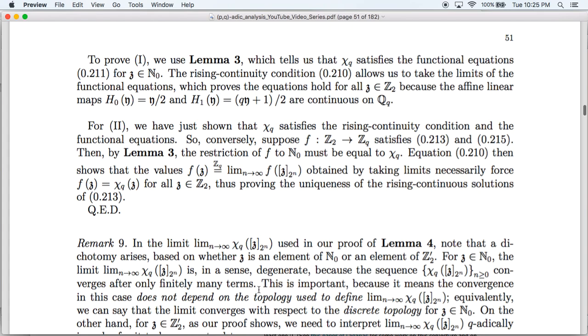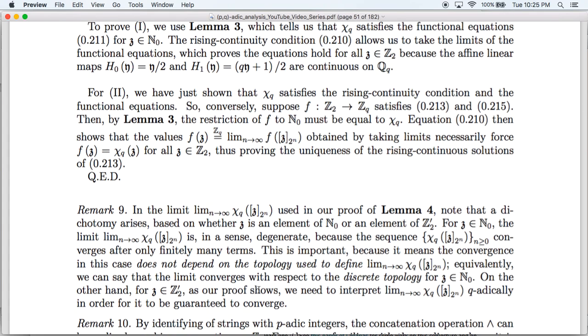And we are done. Note that when we were considering this limit, a dichotomy arose. If z was in N_0, this sequence would converge in the discrete topology. And since the discrete topology is the finest possible topology, that means this limit is going to converge in any other topology we can think up on Q or an extension thereof.